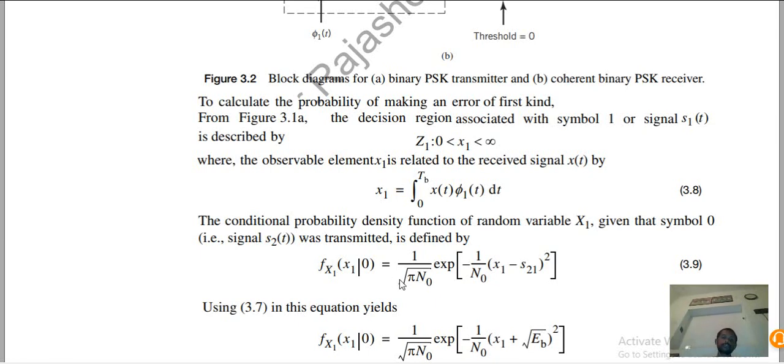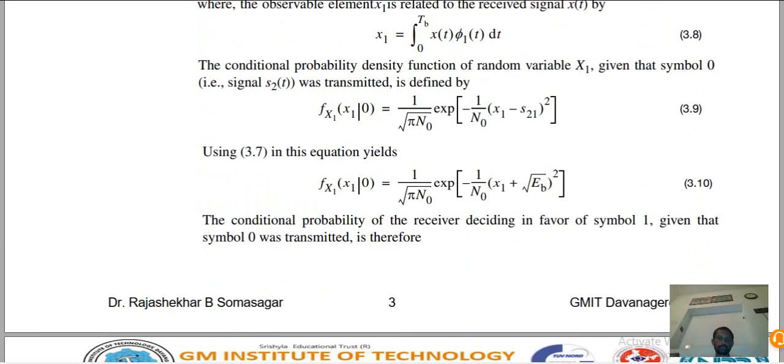This is the probability density function defined with respect to a Gaussian random variable, represented by equation number 3.9. Don't go in depth with this, just remember this probability density function.